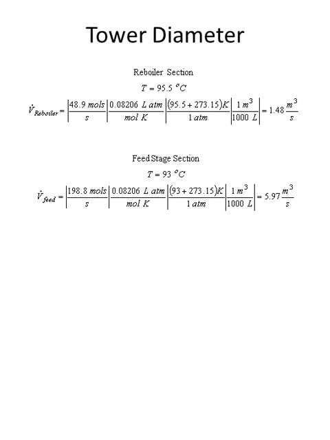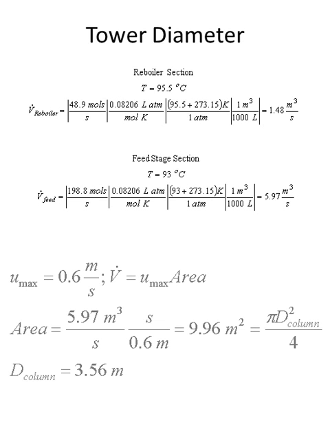And so we want to design our column based on the highest possible flow rate, in this case 5.97 cubic meters per second. We know that the maximum velocity we can have in our column is 0.6 meters per second. And the volumetric flow rate is just equal to the maximum velocity times the area.